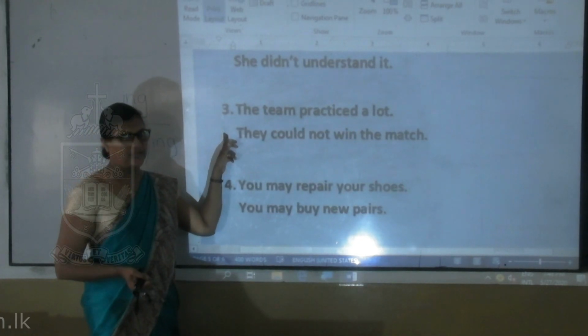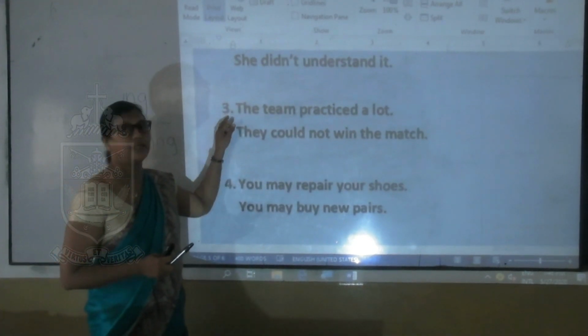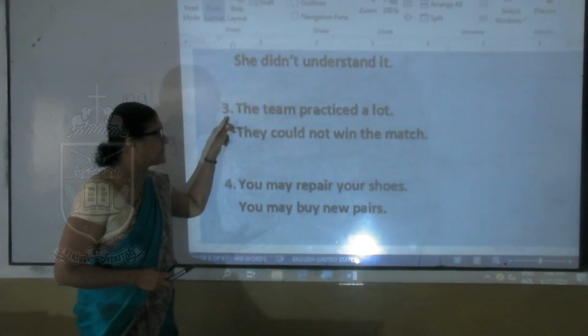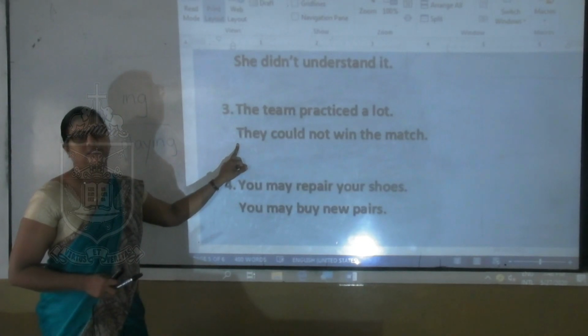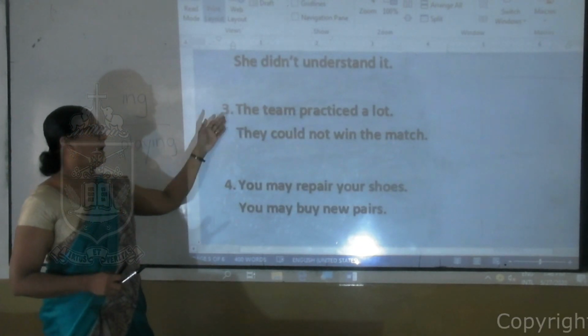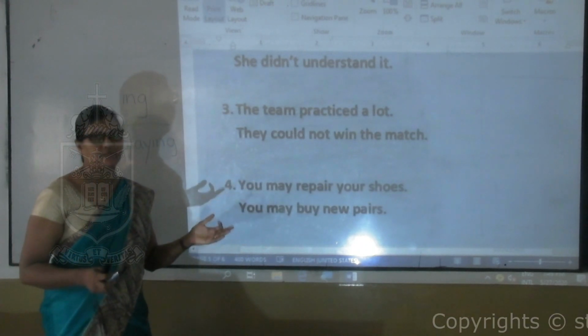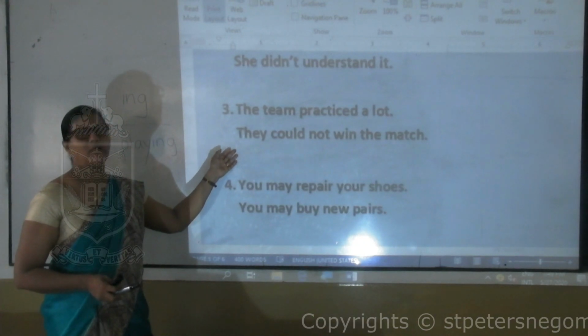Third exercise. The team practiced a lot. They could not win the match. What do you think? After practicing a lot, we expect them to win, but they could not win the match.